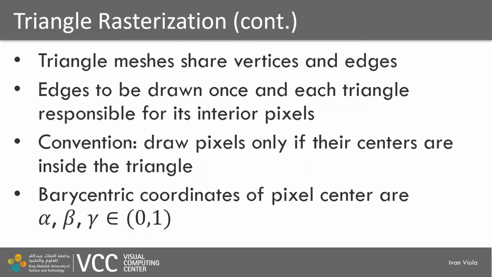The idea is that during rasterization, we are iterating through pixel centers, and we are calculating their barycentric coordinates. And based on the weights of these barycentric coordinates, alpha, beta, gamma, we blend the respective values from the vertices together to interpolate these.